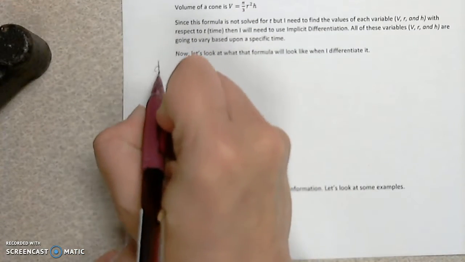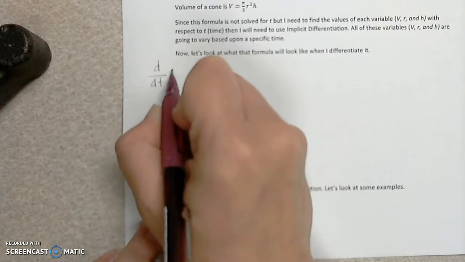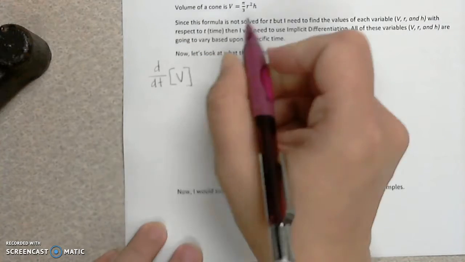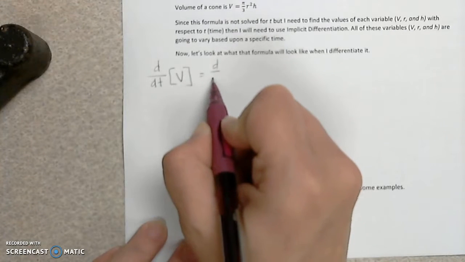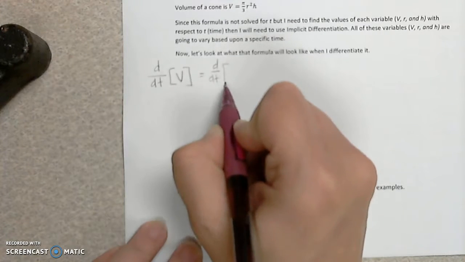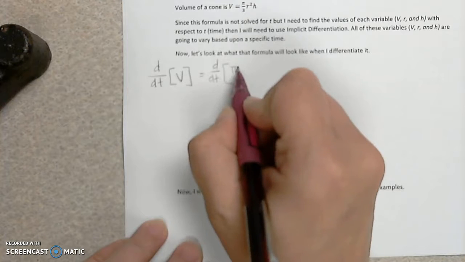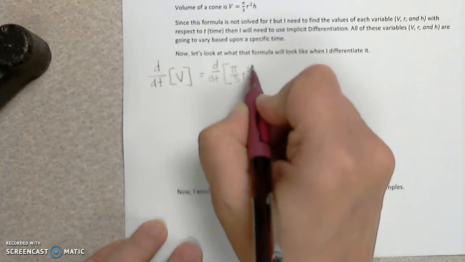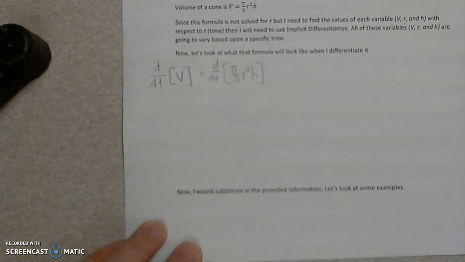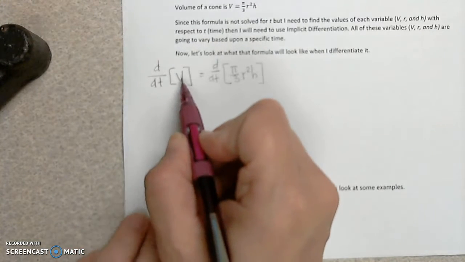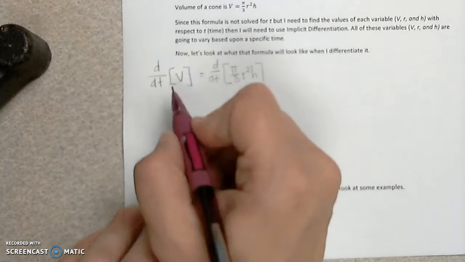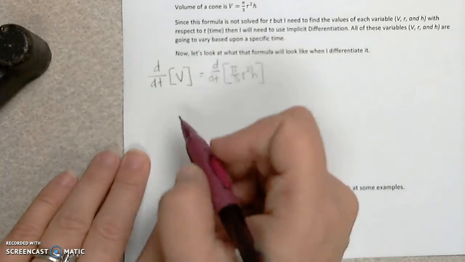I'm going to take the derivative with respect to t of the left side of my formula, so that's V. Then I'm going to take the derivative of the right side of my formula, so that would be pi over 3 r squared h. When I take the derivative of V with respect to t, remember how we did it with implicit differentiation?